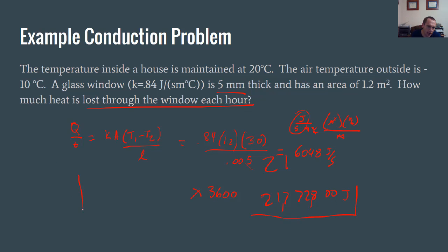This is why we don't actually construct windows out of thin sheets of glass. We construct windows out of two thin sheets of glass with an air pocket between them, because then we get this layer of air that is a very, very good insulator. Also, we tend not to have that big of a temperature difference between the inside and outside of a window, because the air on the inside is fairly still and in direct contact with the glass, so we get some conduction, and that lowers the temperature of the air right next to your window.